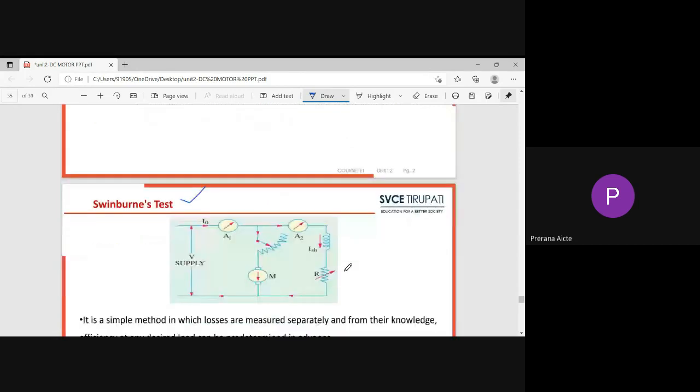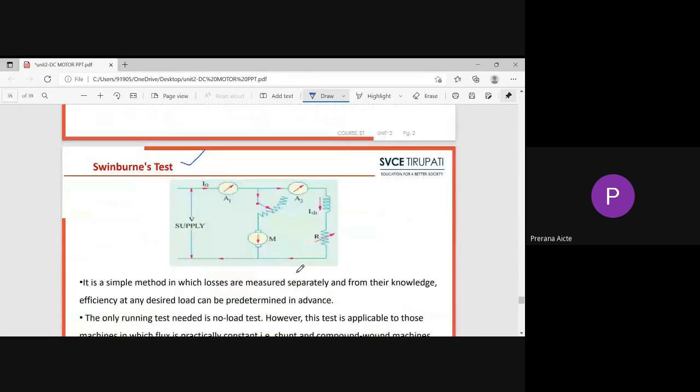Now we are going to calculate, taking a shunt motor. Here the field winding is in parallel with the armature winding. To measure the no load current, one meter is connected in series with the supply line, and one meter is connected in the shunt field winding.